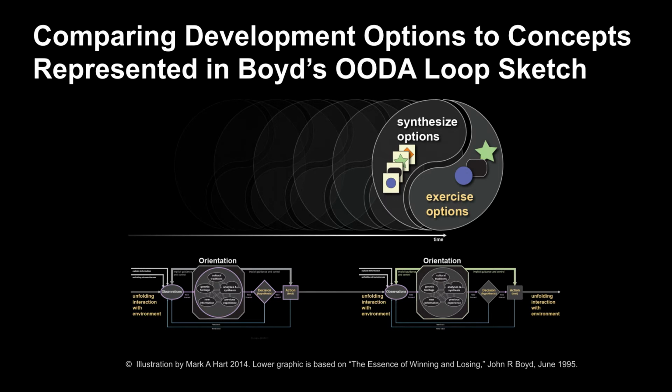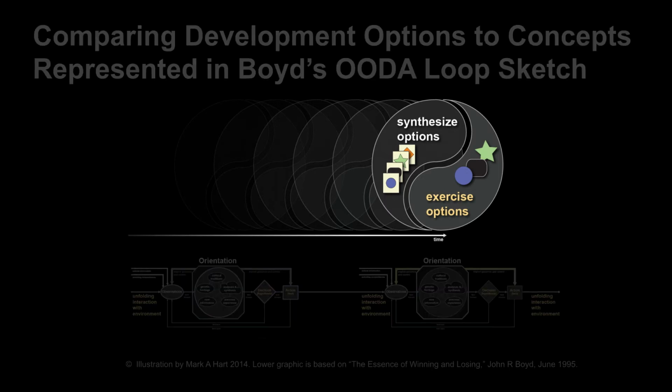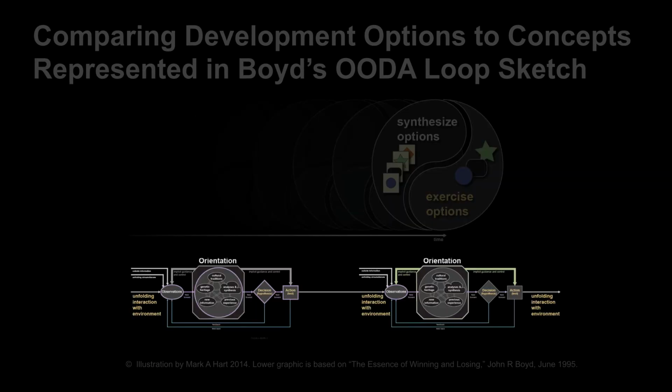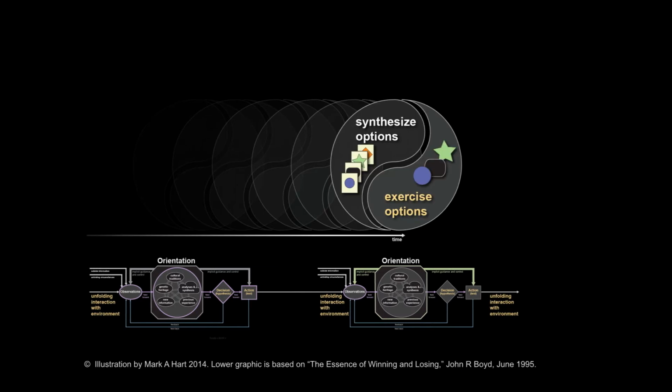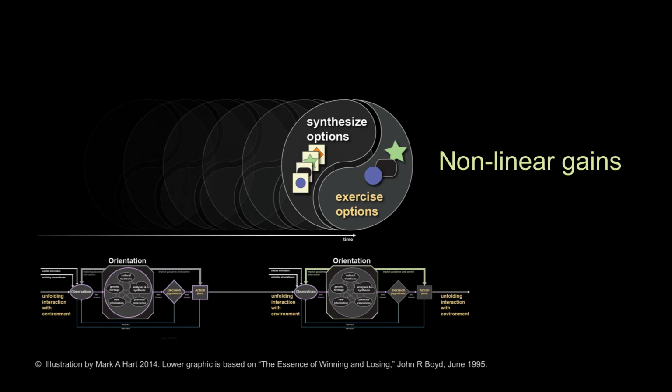The outcome from cycles of synthesizing a multitude of development options and exercising a multitude of development options is consistent with victory and a representation of a series of maneuvers in an OODA loop context. The nonlinear gains associated with exercising attractive options in antifragile environments are similar to Boyd's themes for vitality and growth.